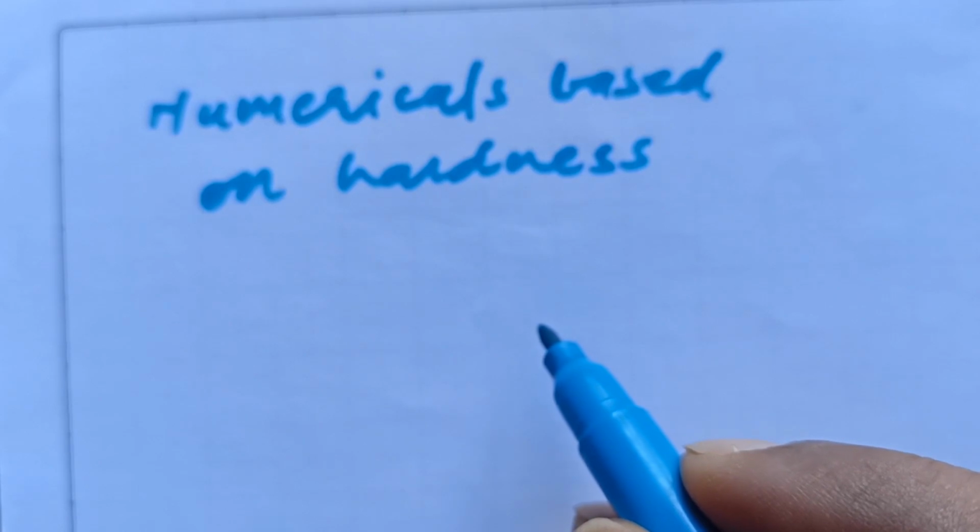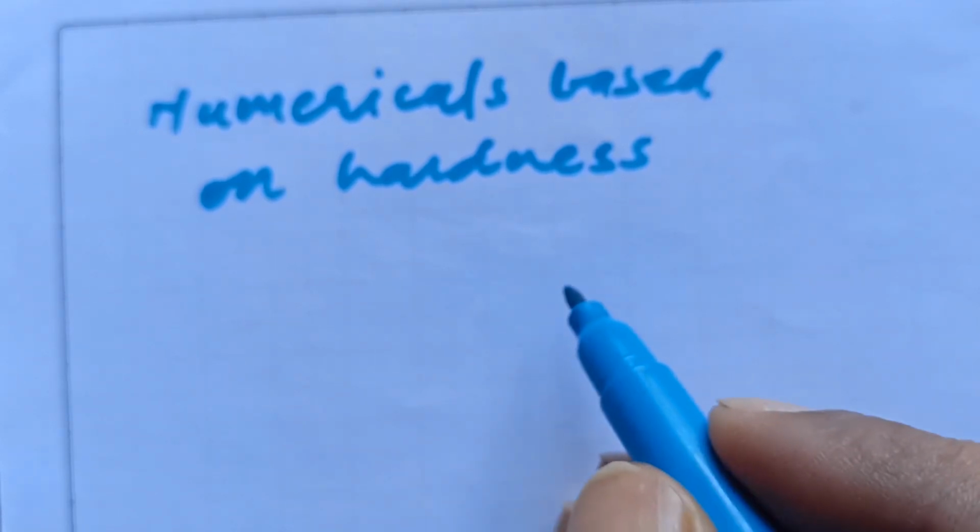What is hardness? Hardness is a particular tendency which is found in water samples, and we can define hardness as the presence of chlorides, sulfates, carbonates, bicarbonate salts of calcium and magnesium particularly. The presence of these salts is called hardness.